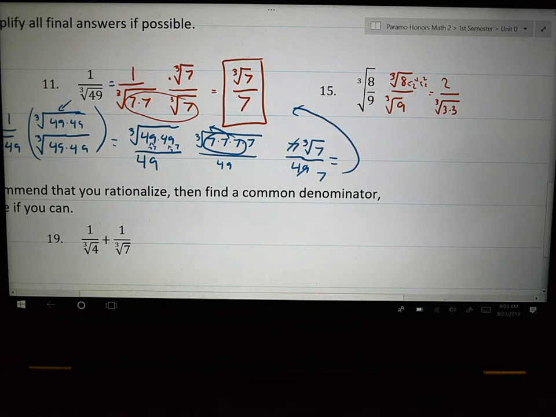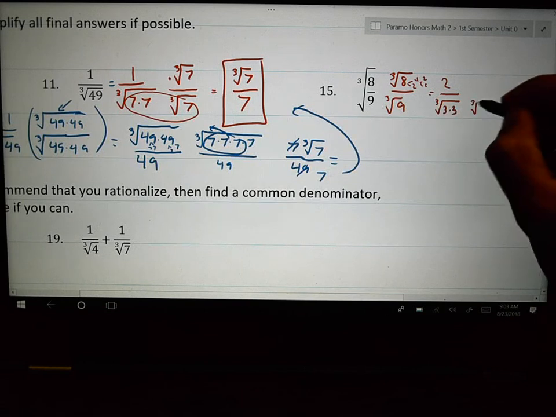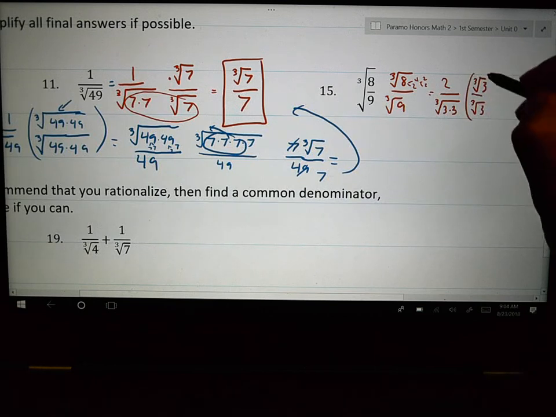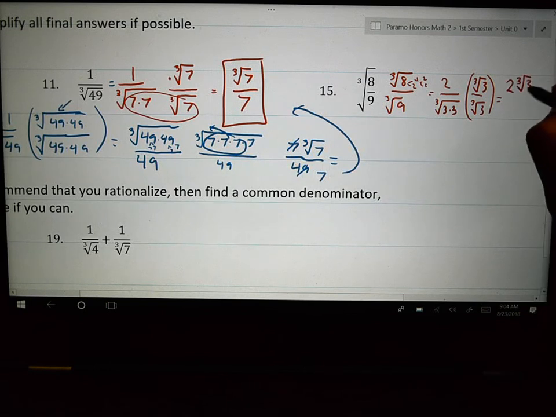And then, because I know 9 is 3 times 3, I just have to multiply by the third root of 3 over 3, which means my final answer is 2 times the third root of 3 over 3.